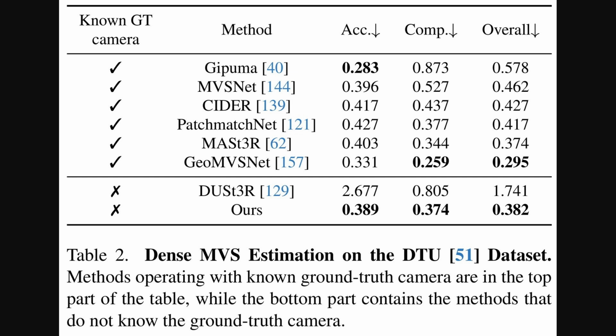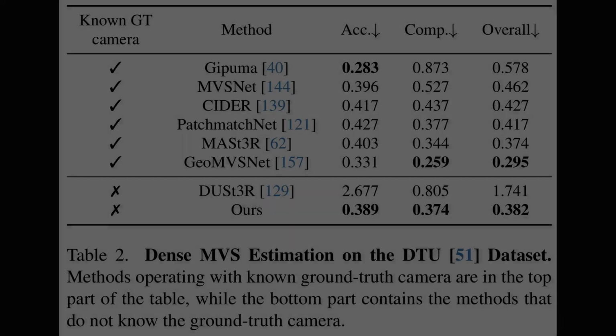And you can see VGGT, listed as ours, substantially outperforms Dust3R. Look at that overall score, 0.382 compared to 1.741. It's performing much better, even without knowing the ground truth cameras, getting results that are comparable to methods that actually do have that information.